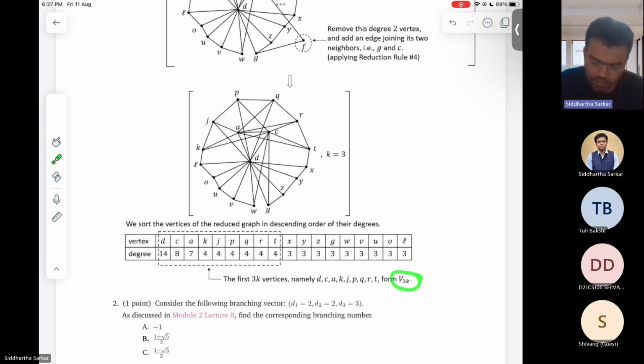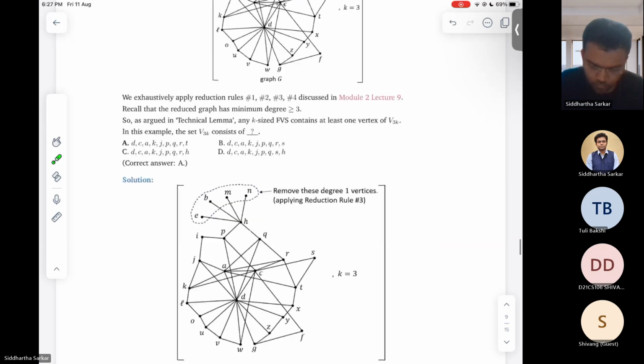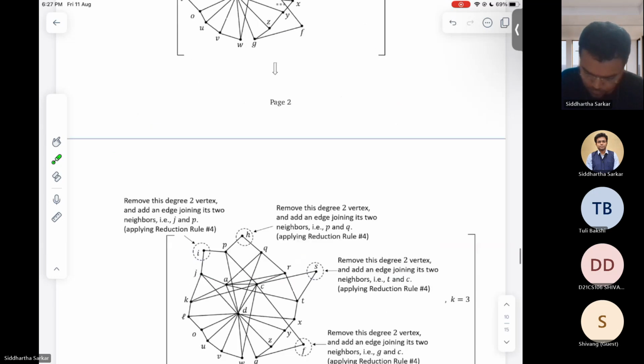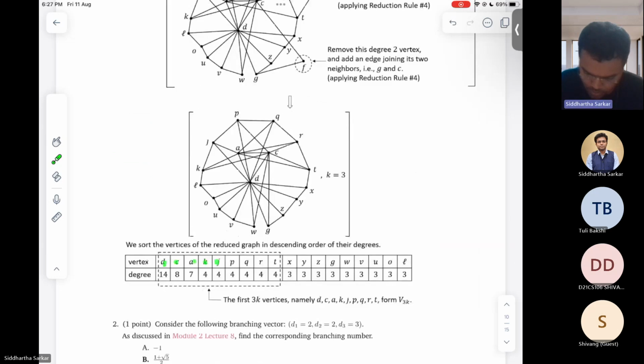So our V3K consists of these vertices. So the correct answer is A. DCAKJPQRT. This is correct. All right.